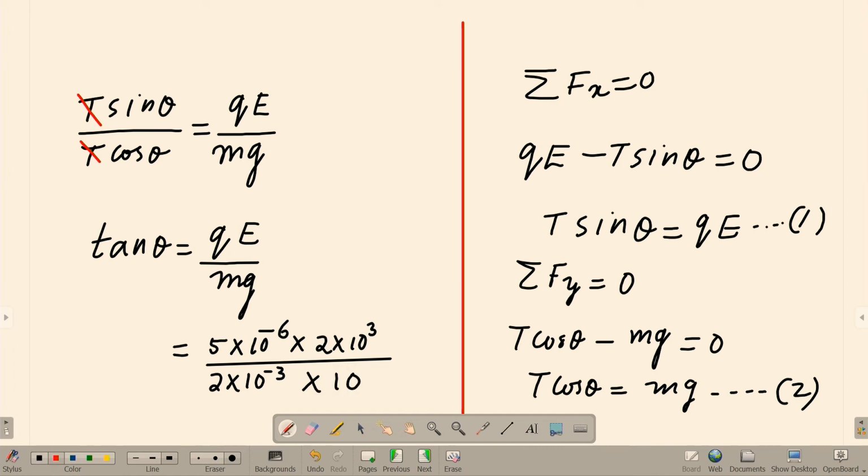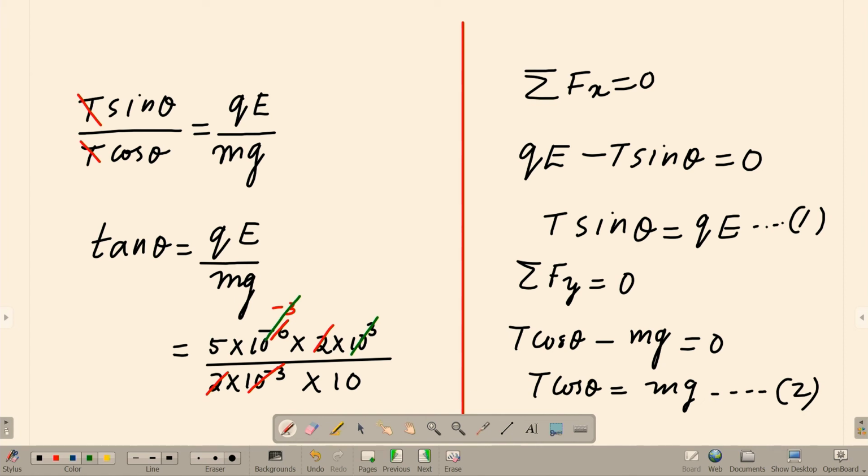Here you can see that this 2 will be cancelled out first of all. Now the 10 to the power minus 3 and 10 to the power 3 also cancel out. So how much is there? 5 by 10, which is 0.5.